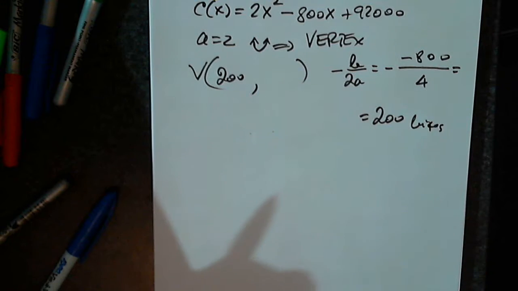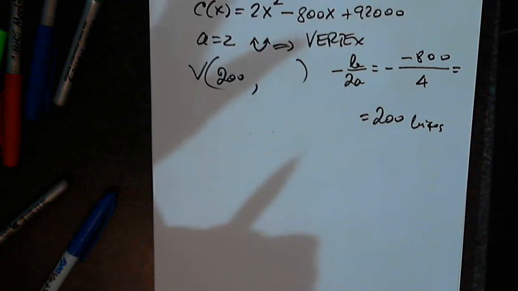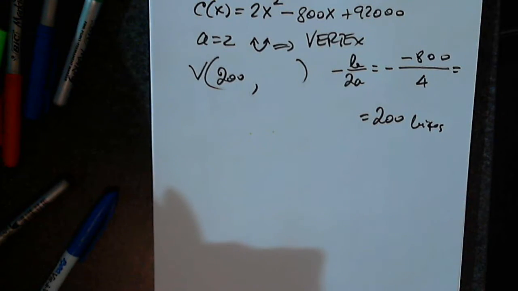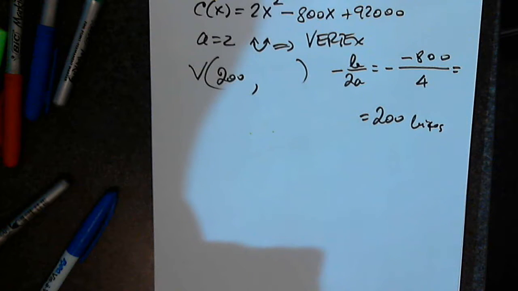So 200 bikes, you will tell the manufacturer, listen, if you manufacture exactly 200 and you manage to sell them, because if you just put them on the shelf, it's not going to help. But if you manufacture only 200, your cost will be minimum.